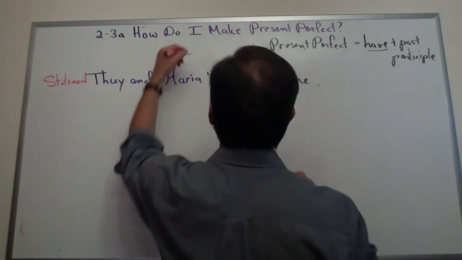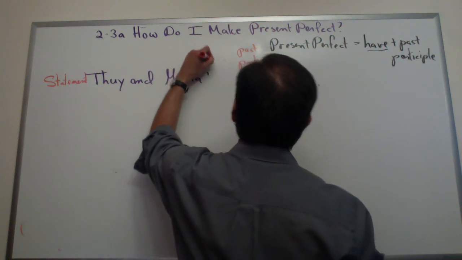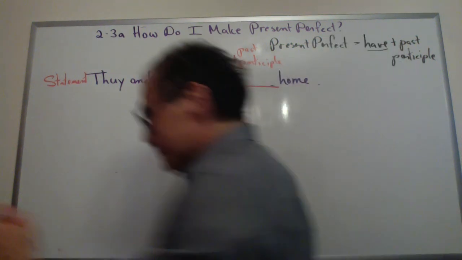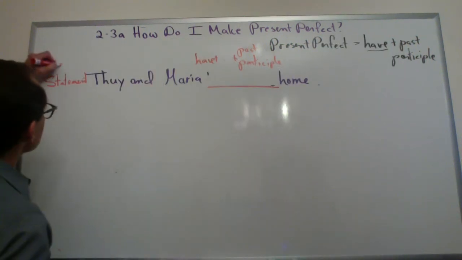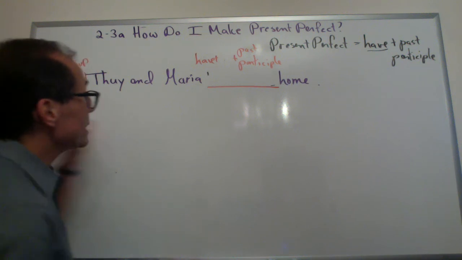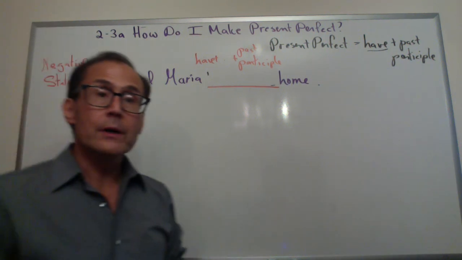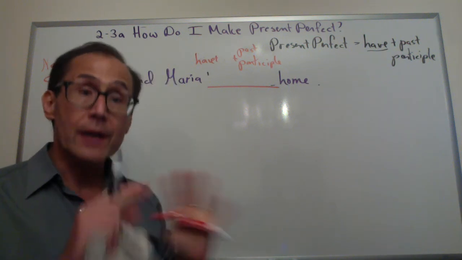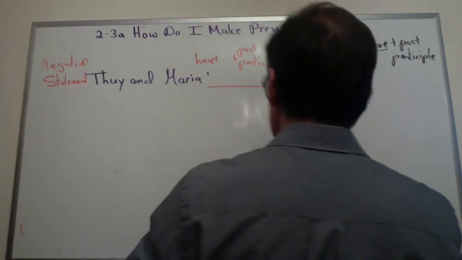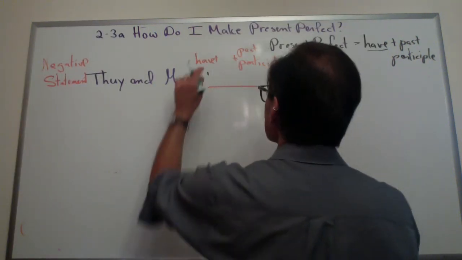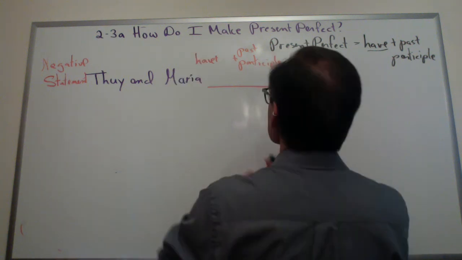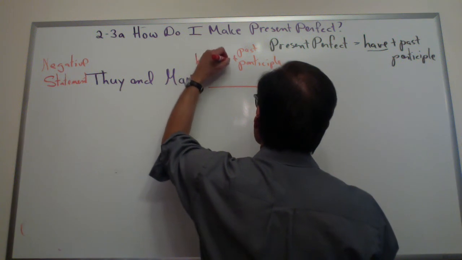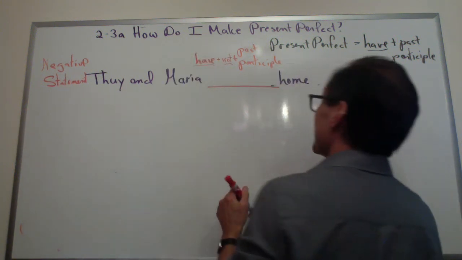Okay, so let's see here. All right, so, and let's make this negative. So to make a negative statement, if you remember, very easy, the way that I do that is I just add the word not in the middle. So I would say, Twee and Maria, and so here, to make it negative, I'll use have plus not plus past participle.